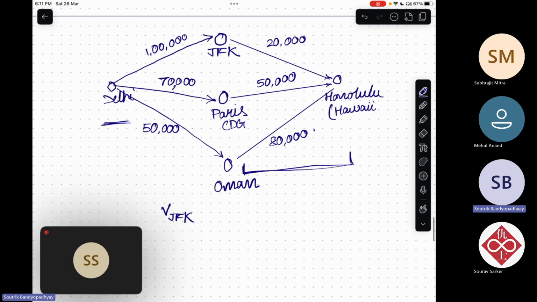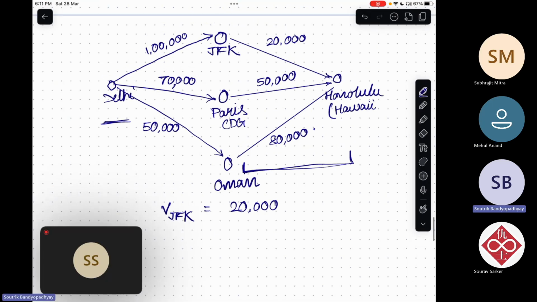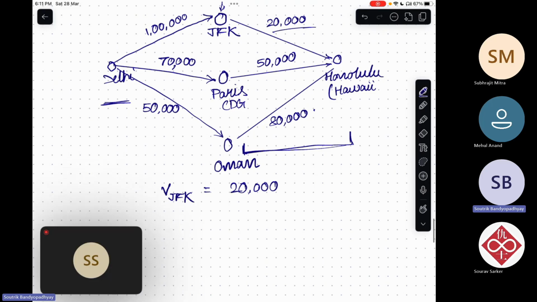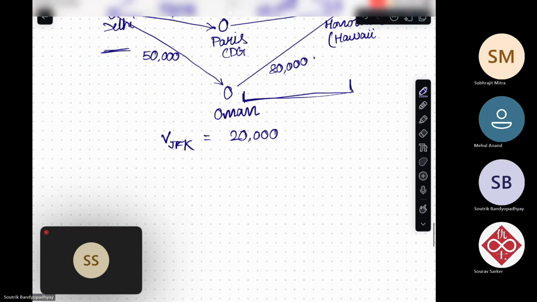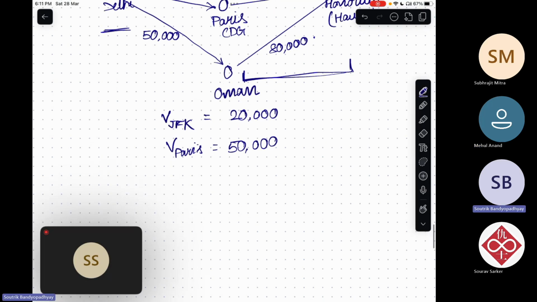It would be nothing but 20,000, right? So if you are at JFK and looking forward, you are paying 20,000 to reach Honolulu. And if you are at, let's say, Paris and looking forward, your effective cost is 50,000. And if you are at Oman, you are at 80,000.